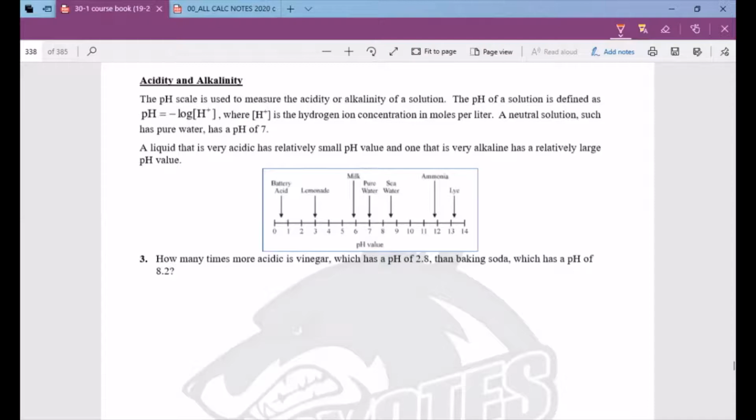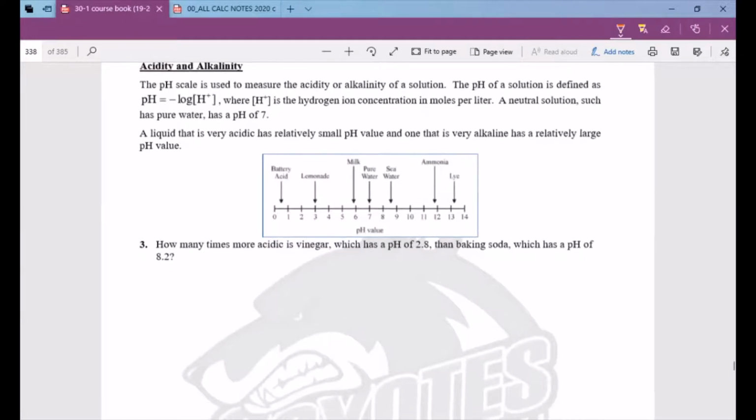We don't really need to get bogged down with the details of what this meant in chemistry class. You do need to recognize that a 0 is more acidic and a 14 is more alkaline. If you're being asked for which one is more acidic or which one is more alkaline, then that's going to affect what you're dividing when you have your ratio set up. So we need to be careful about that.